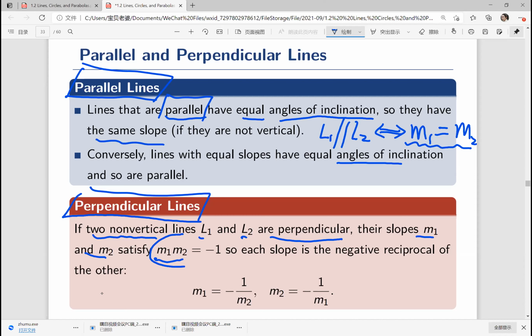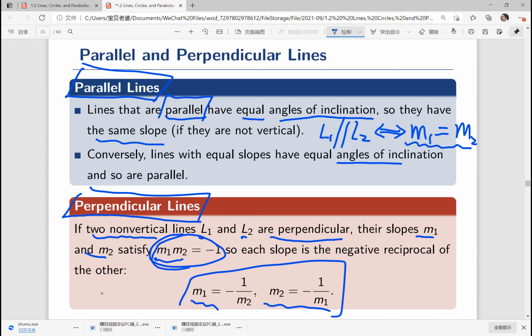This will be satisfied. So each slope is the negative reciprocal of the other, meaning M sub 1 is equal to -1 over M sub 2, and M sub 2 is equal to -1 over M sub 1.